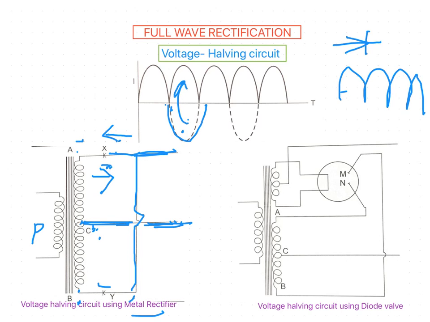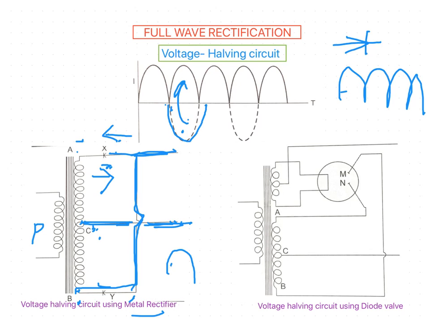From the external circuit it comes to Y and it reaches B. That means in this way of flow of currents, it causes a wave like this.